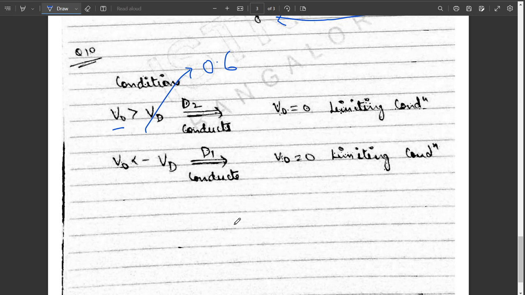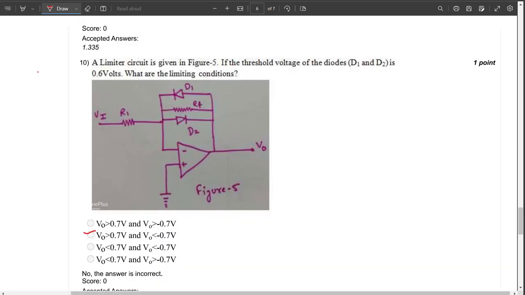Ma'am, could you please let me know what type of feedback we are having here? It is negative, obviously. It is connected to our inverting terminal, so it will be inverted. So what kind of feedback are we having, either positive or negative?